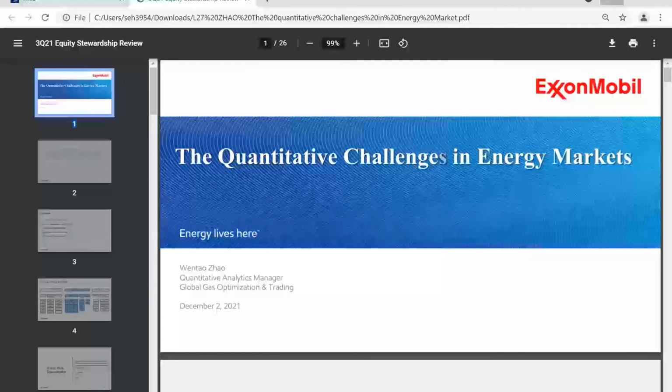In terms of market participants, you have producers like ExxonMobil, BP, Shell, and consumers like utility companies, like all those power companies in the US. You also have trading companies like Vitol and Trafigura, investment banks like Goldman Sachs and Morgan Stanley, and hedge funds like Citadel. They all participate in these global energy markets.